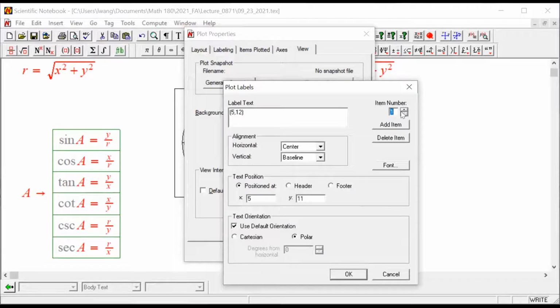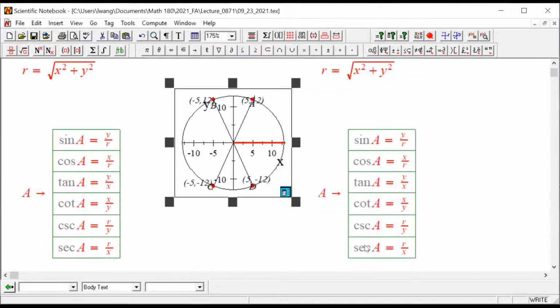Any questions? Right, so now it's not so crowded. Better.